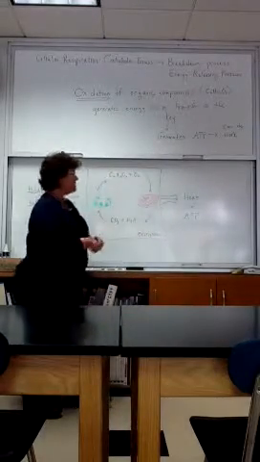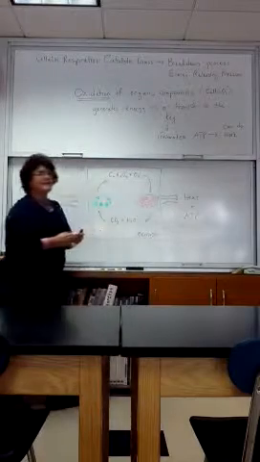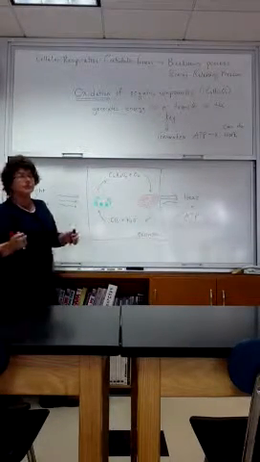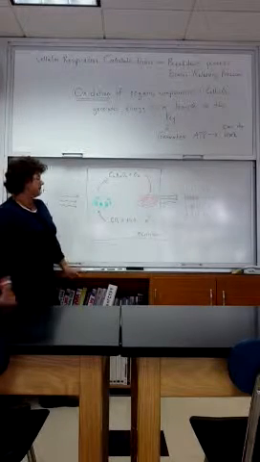And it's this molecule right here that is the focus of this chapter, because it is that molecule that can actually do the work that cells need to do, okay?